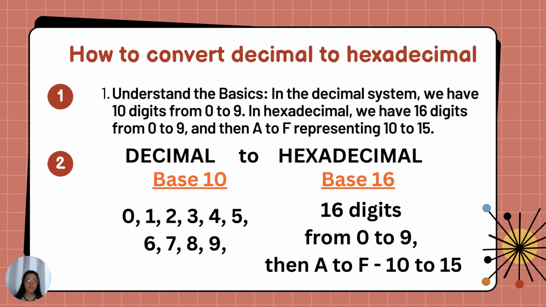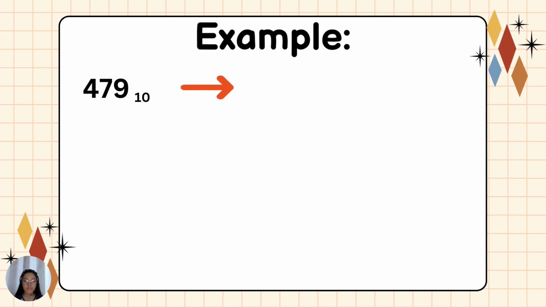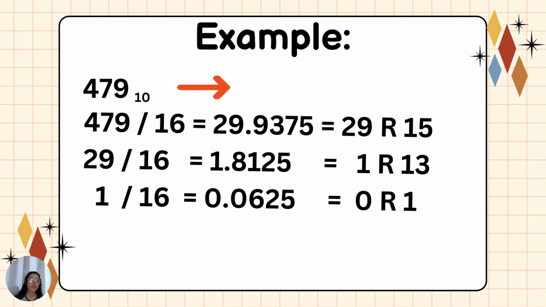Okay? So first, I will explain this deeper after we have a solution so you will understand it. Let's have an example. The decimal number is 479.